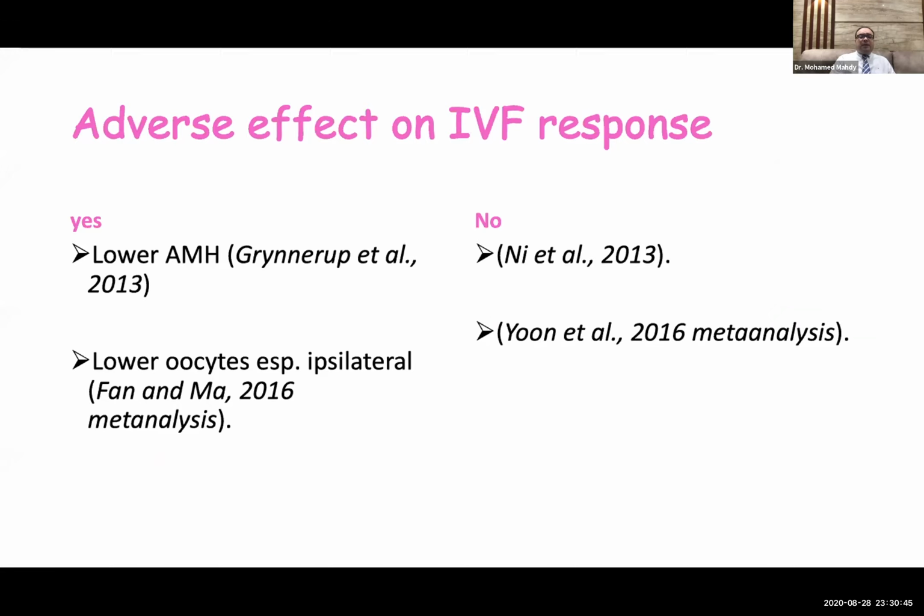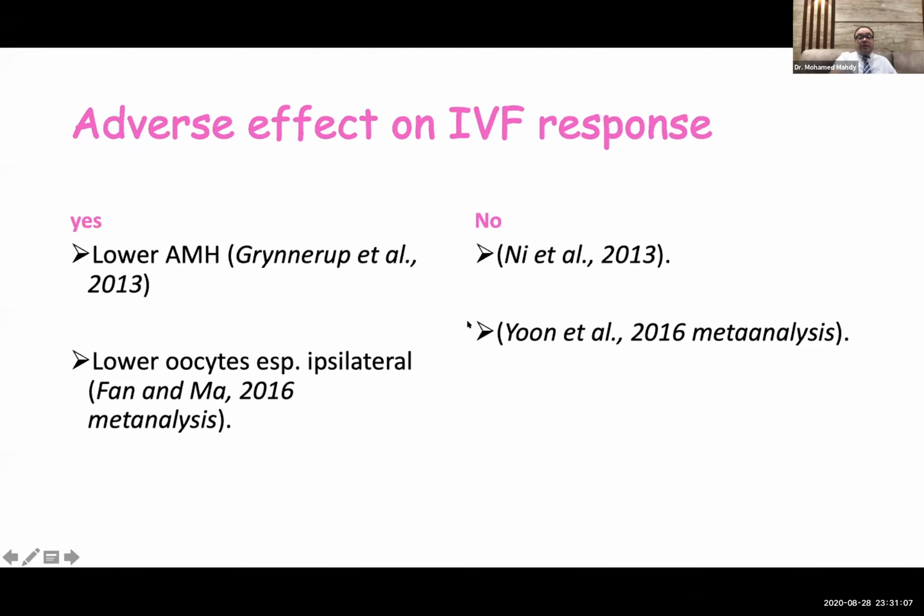A lot of studies have been done to show the effect of salpingectomy on the IVF response. Some studies said yes, it decreased AMH and the number of oocytes. On the other hand, two studies said no, there is no adverse effect on IVF response.